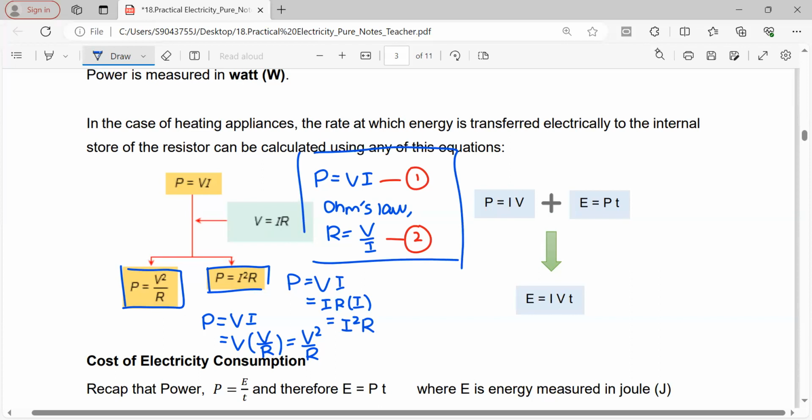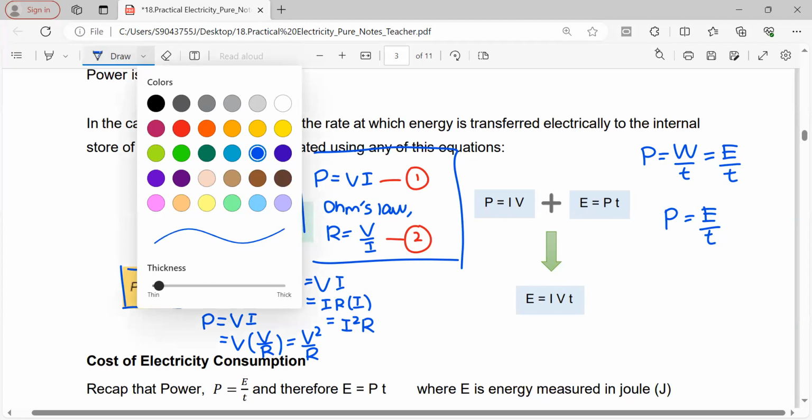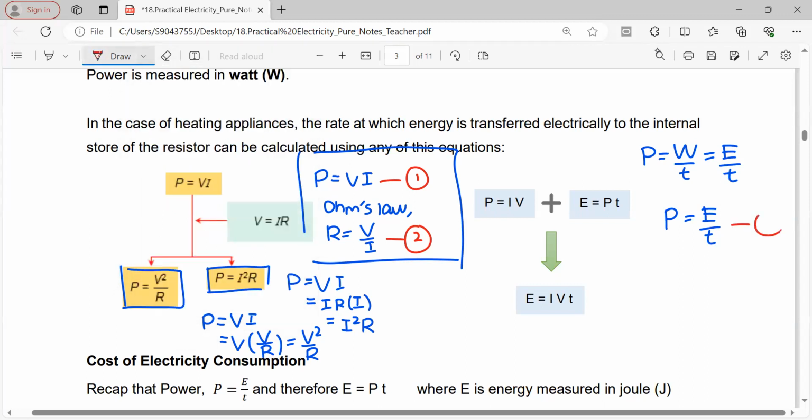In the previous chapter, we also learned that power equals work done over time. It's how much work done or how much energy you output per unit time. Similarly, work done is just energy, so you get the equation P equals E over T. This is the third equation that we'll need for this chapter.